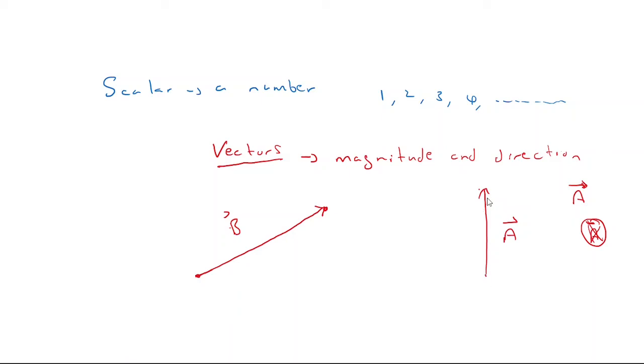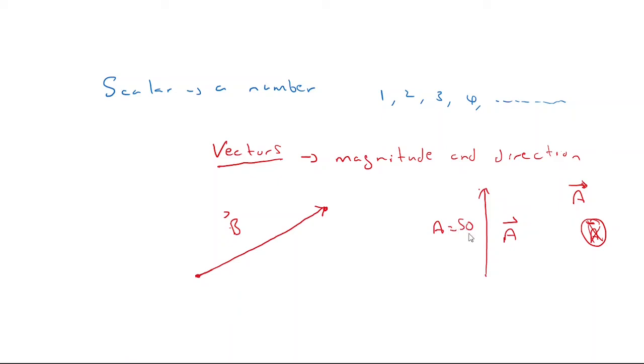So if I want to just write the size of this vector, I will not put the head on top here. I'll just write A. For instance, if I say A is 50, I'm telling you that this vector is 50 long. It can be 50 units, 50 meters if it's a displacement, or 50 meters per second. Not kilograms, because mass is not a vector.